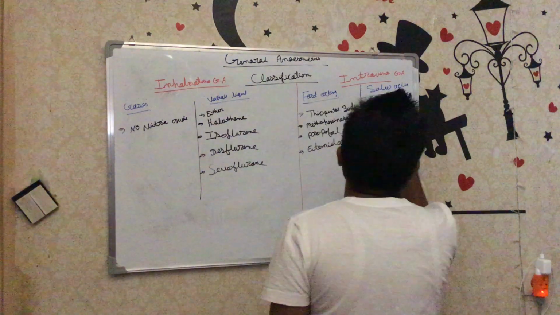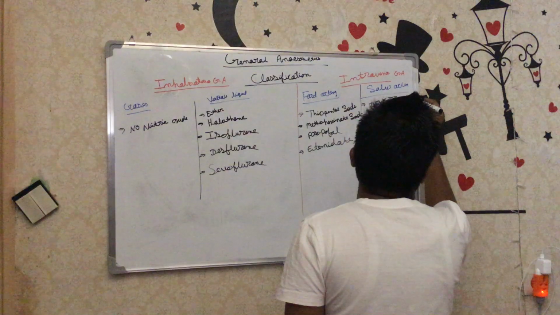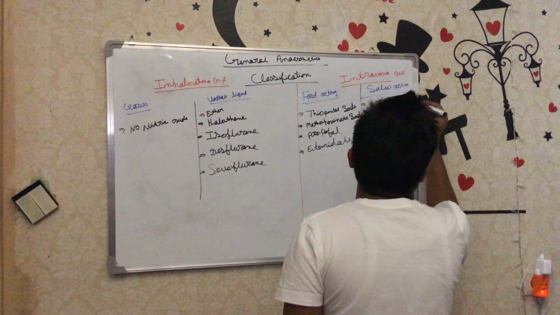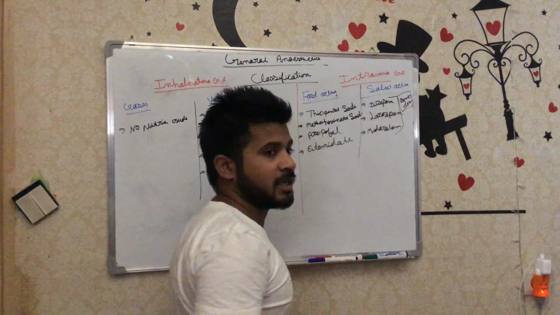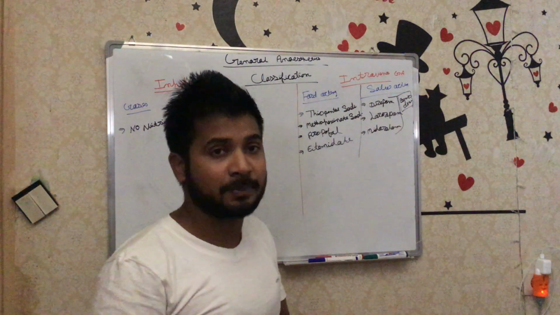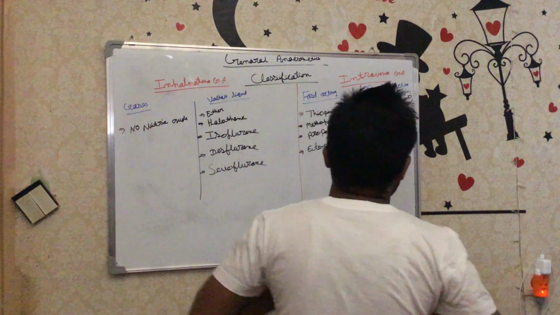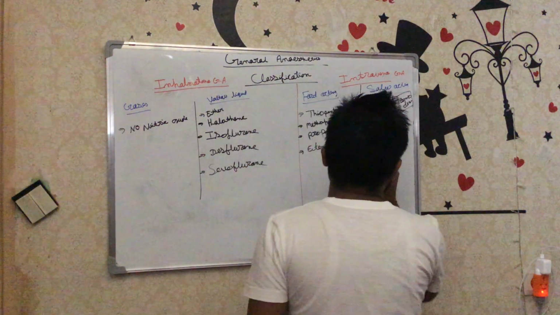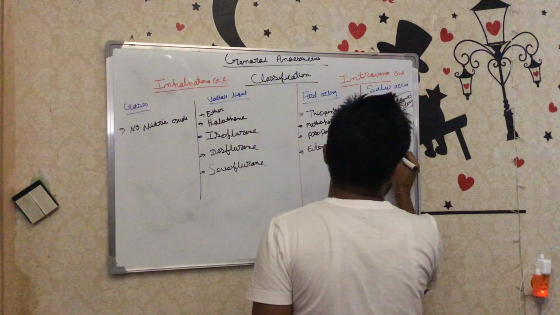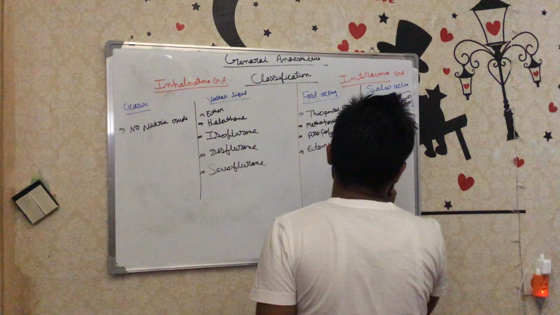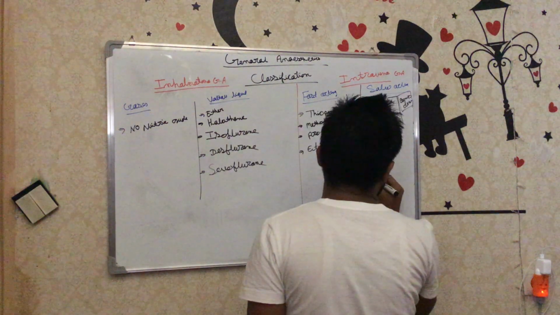A lot of drugs. This is the benzodiazepine group. We'll discuss these drugs also when we discuss hypnotic, sedative, and anti-epileptic drugs, but here also we'll discuss. And also the very popular drug ketamine. It is a dissociative anesthetic. What is dissociative anesthesia? We'll discuss later. And then an opioid, fentanyl.